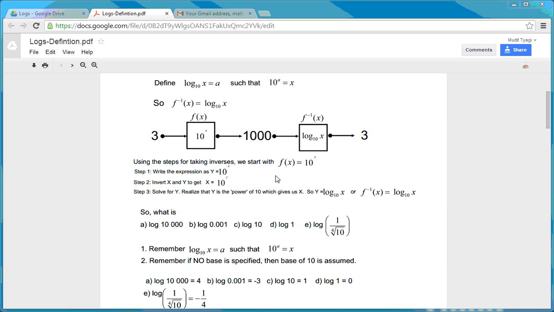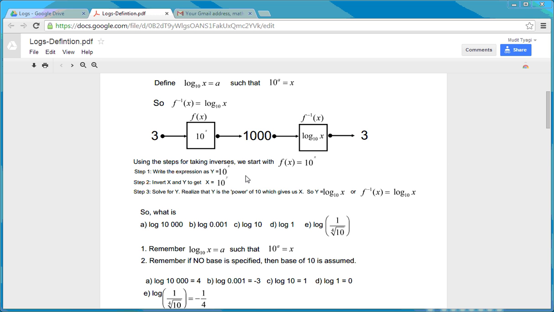Okay, now one more thing that we do when we take inverse functions, if you remember the step-by-step process for inverting f of x. So let's go through that process and see what happens. It should yield the same result here, that if we follow the steps to invert f of x equals 10 to the x, we should find that f inverse of x is equal to log of x to the base 10.